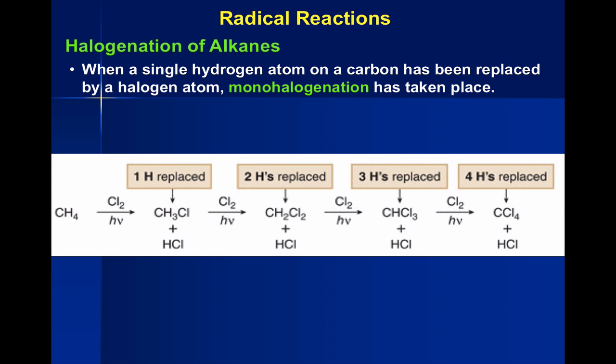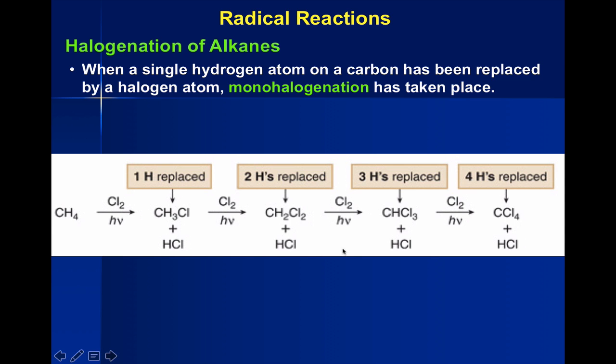Now it turns out that on a laboratory scale, the halogenation of alkanes is actually fairly useless, especially for chlorination. So for example, if you came into the laboratory and you took a test tube full of methane and you put some chlorine in it and you shined a bright light on it, you would end up getting a whole mixture of products.